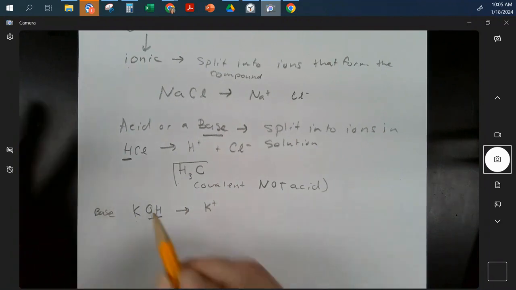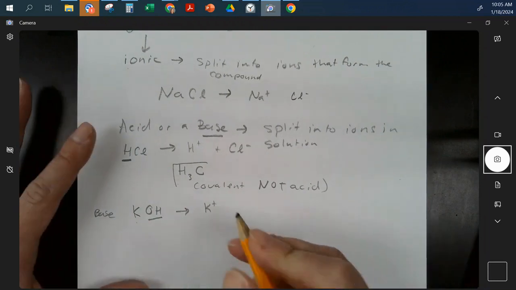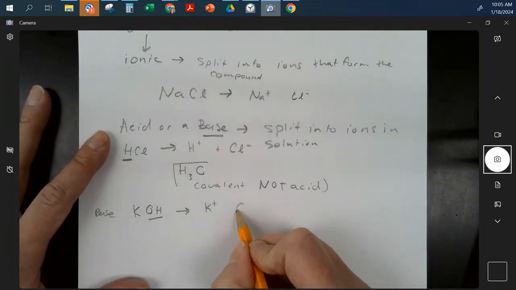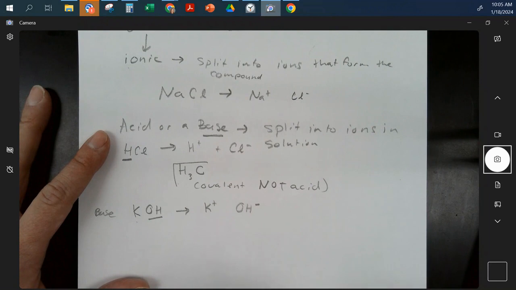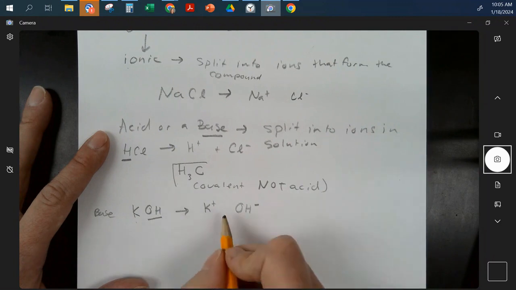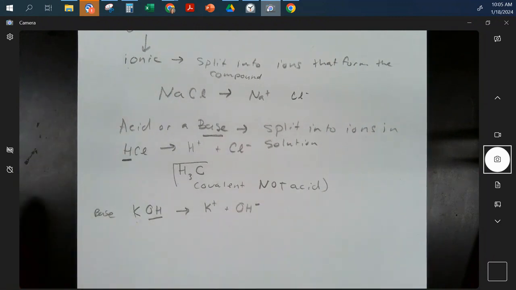Metal, non-metal, that's how I know it's ionic. And then OH is OH minus. And that's in solution. We need to know that because the first topic we're going to talk about is what happens when we put a substance in solution.